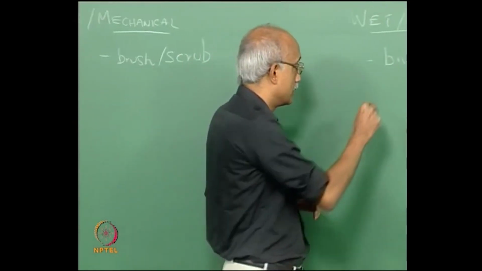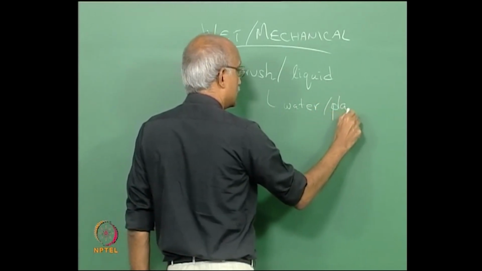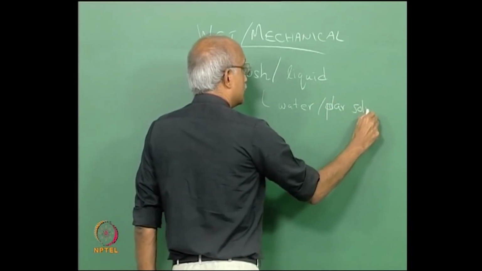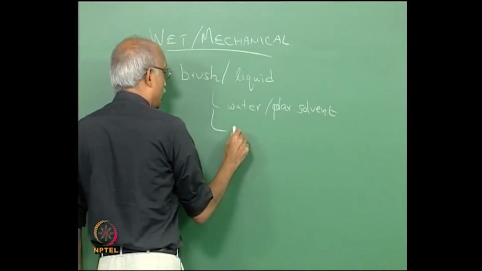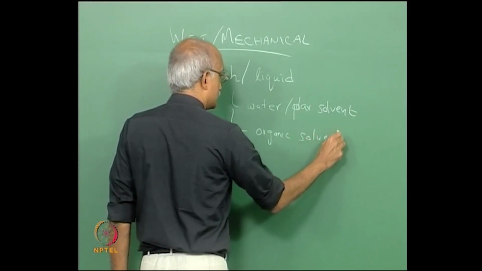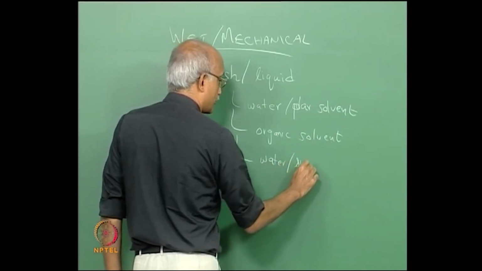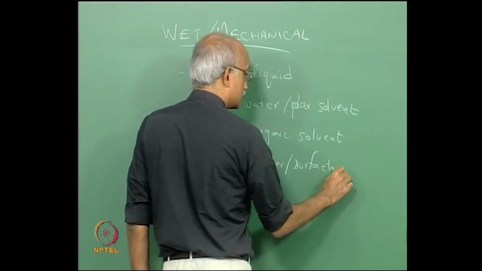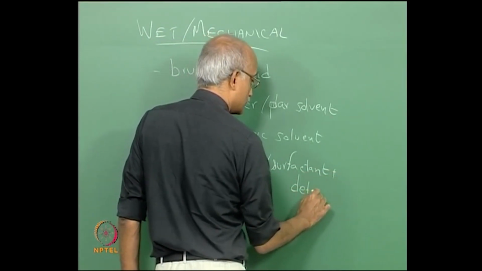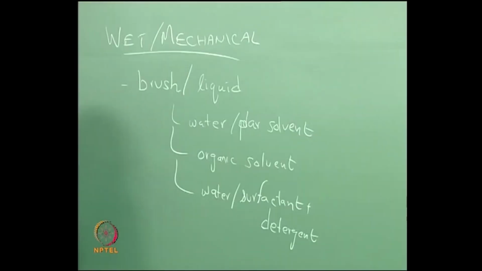So either by using water alone or some polar solvent, or by using an organic solvent, or by using water in combination with a surfactant or detergent, you can effectively brush particles away from a surface without causing excessive damage to the surface.